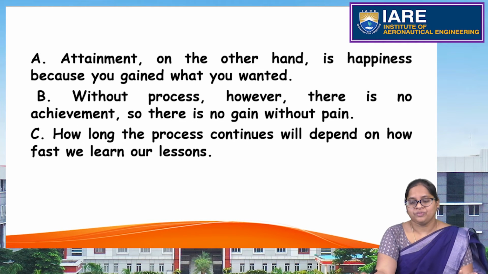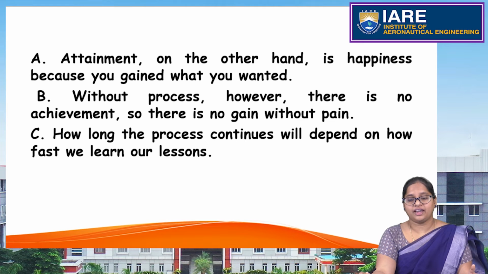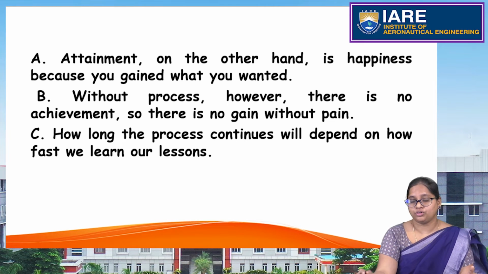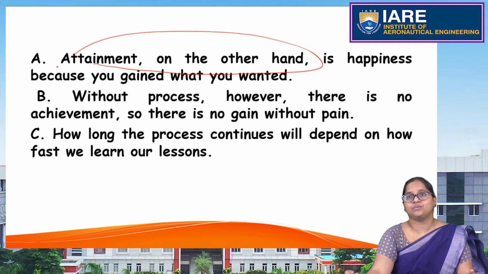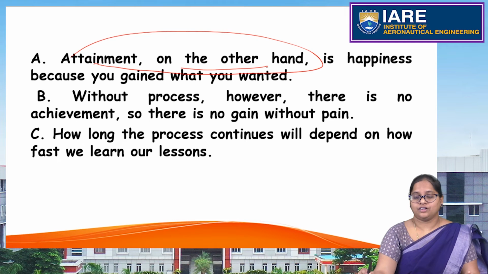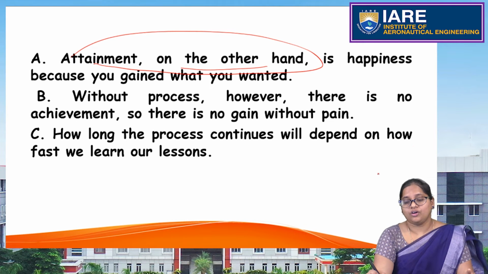Now the options. Attainment, on the other hand, is happiness because you gain what you have. Now, do you start with this, or do you find this as a sequence of the question? Because here it is a kind of contradictory, or route-diversion phrase. 'On the other hand': first of all, you have to say this is one way.